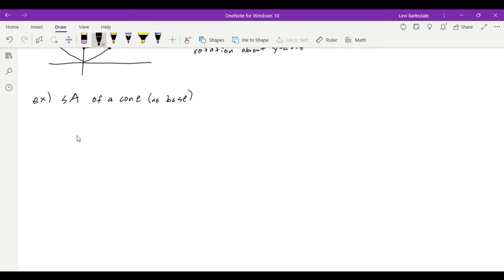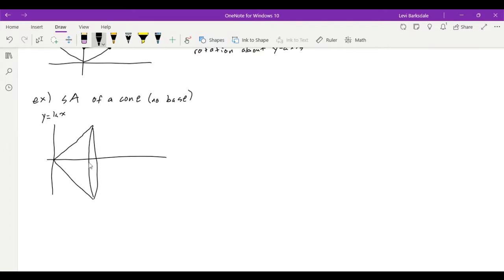Well, we can represent a cone by taking a line through the origin, that line being y equals kx, where k is just some slope constant. Then we rotate it about the x-axis, like so, and this will get us some kind of cone.